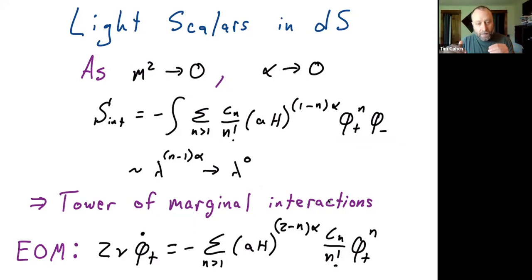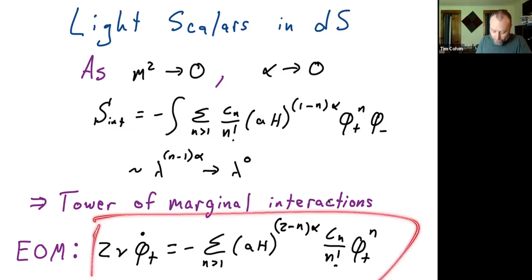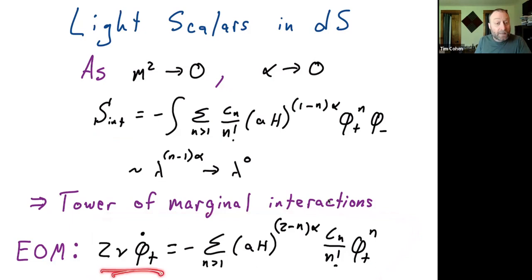And that tells us that we can get non-trivial operator mixing through renormalization group evolution, right? We have an infinite tower of operators, all with the same dimension. So you would naively expect they're going to mix under renormalization group evolution, okay? And from this action, including the kinetic terms, we just have this equation of motion relating the time dependence of phi plus to the tower of interactions.